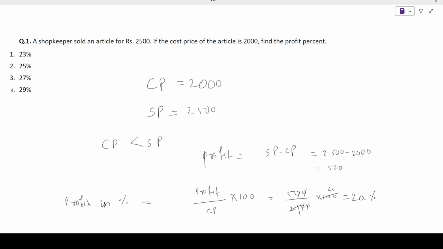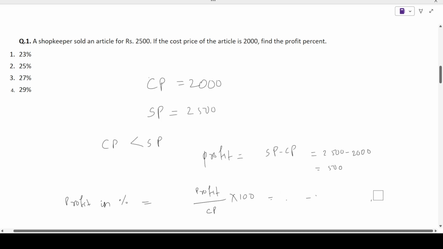Just a second. Where did we go wrong? Cost price is 2000, profit is 500. I had mistakenly written 2500 as the cost price.